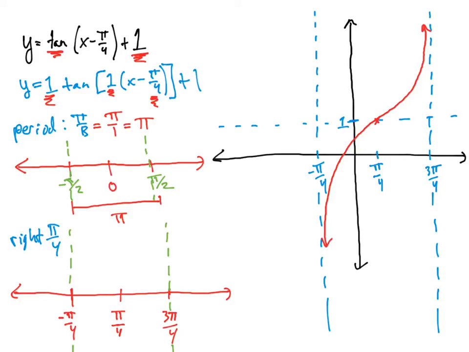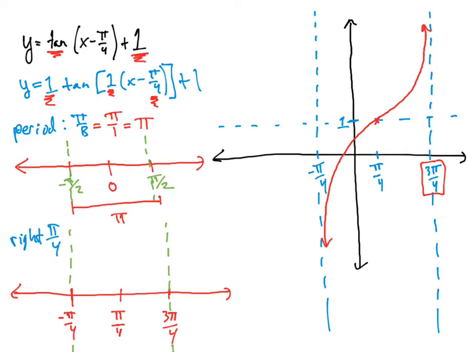Now we could come up with a second period representation of this graph. To do that, all we're going to do is take the period length. Because of the way the screen is right now, I'm going to go in the negative direction. If we had more room, we could add pi to 3 pi over 4 to get a next asymptote. But instead, I'm going to subtract pi from negative pi over 4 and go in the left direction.